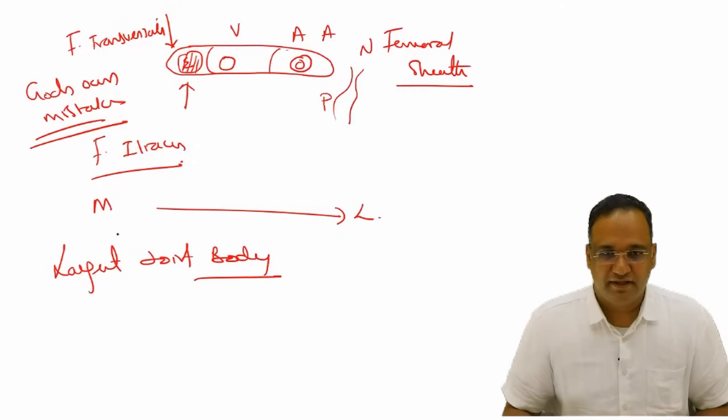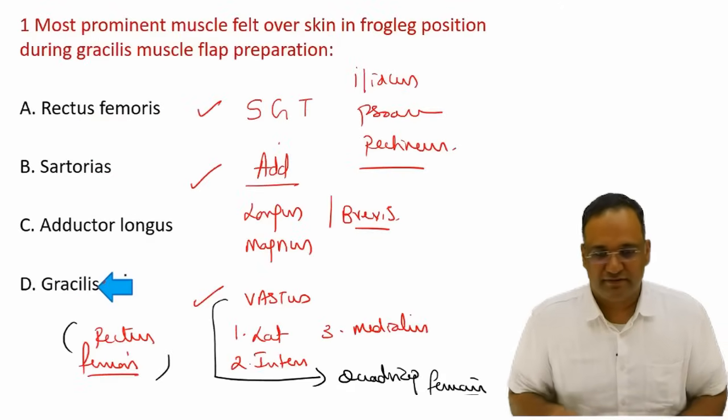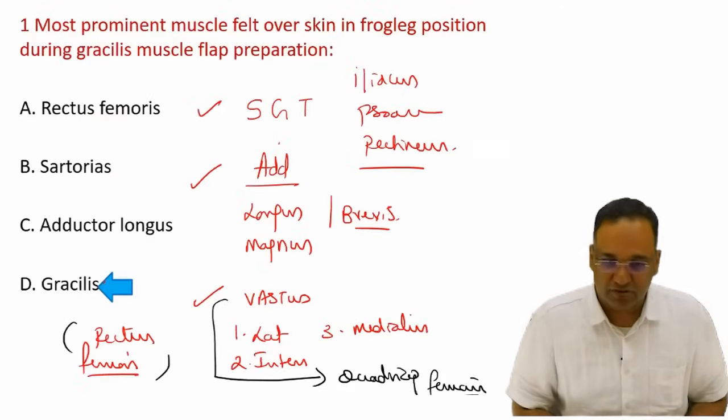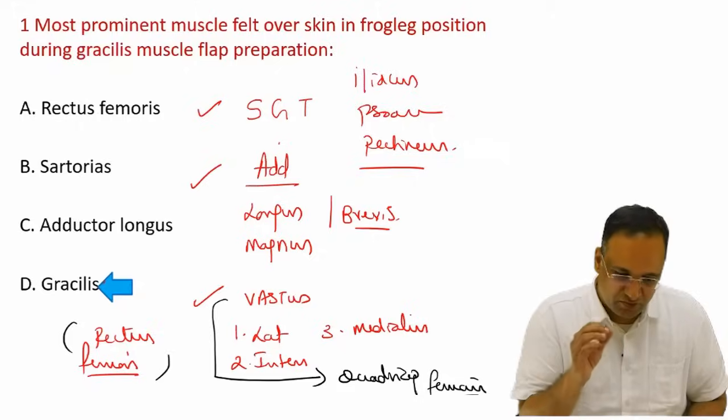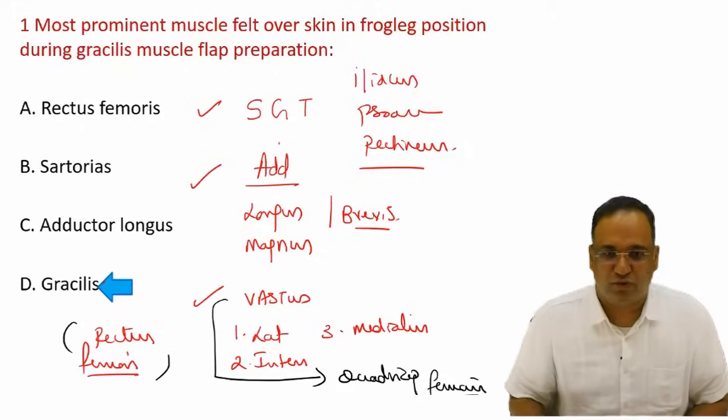Okay. Is this all okay? Have you all understood all about this? See, the gracilis muscle is one of the most important muscles used for treatment of incontinence.